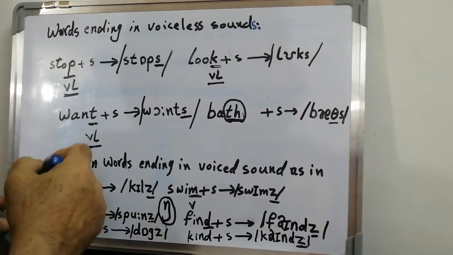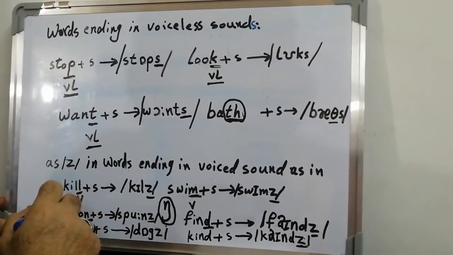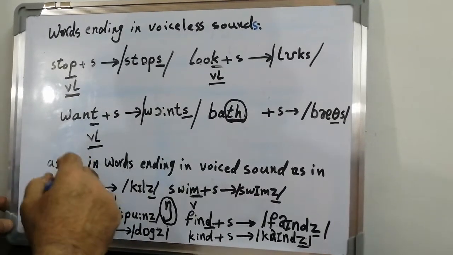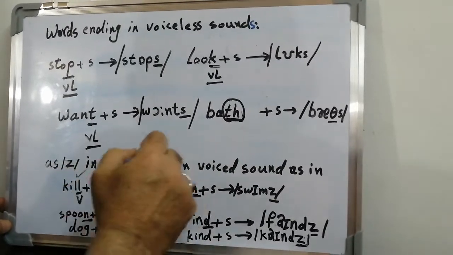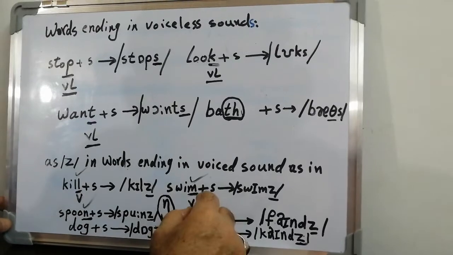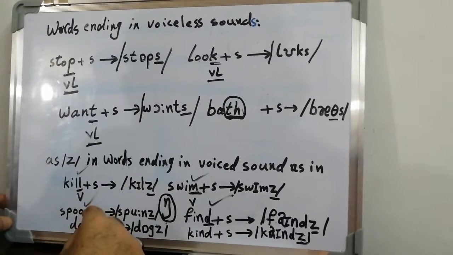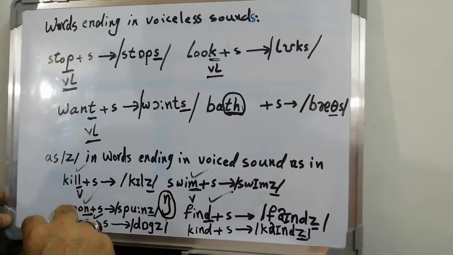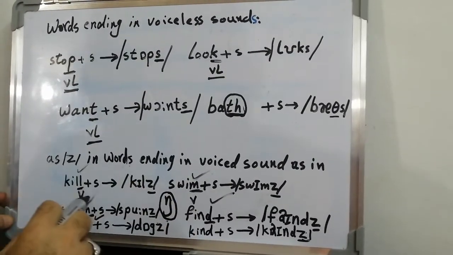So now how many voiced consonant sounds do we have here? This is 1, this is 2, this is 3, this is 4, this is 5, and this is also right.